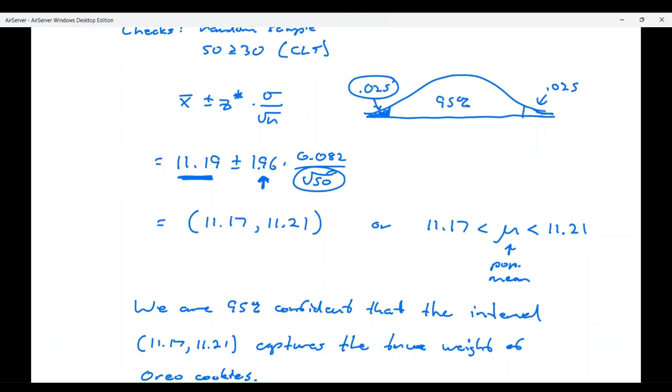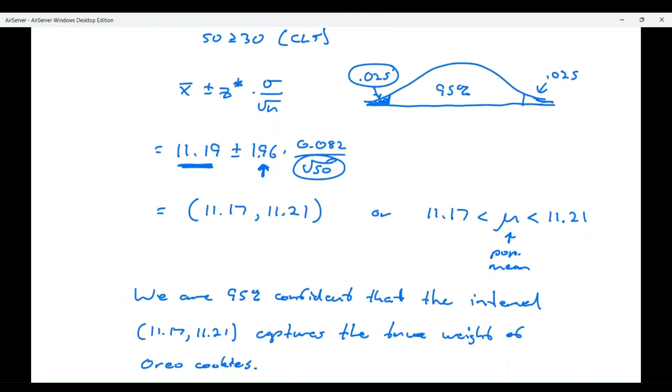So as my sample size gets larger, my margin of error gets smaller, and it creates a much tighter range of values. If I take a small sample size, it's not necessarily going to be as accurate, and therefore it's going to create a wider margin of error to meet the demands of that confidence level that I'm looking for. All right, hopefully that makes sense.